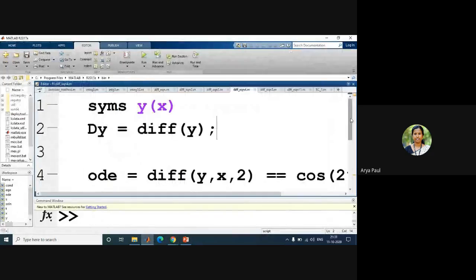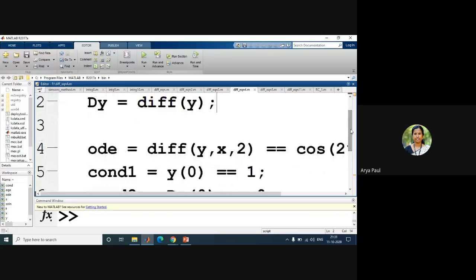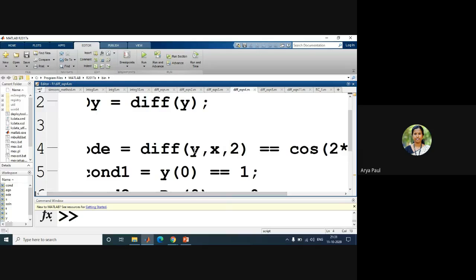For a second order differential equation, you need to find the differential of dy by dx, that is d square y by dx square. So this is second order, and you have to put 2 inside the bracket, because this is not dy by dx, it is actually d square y by dx square.